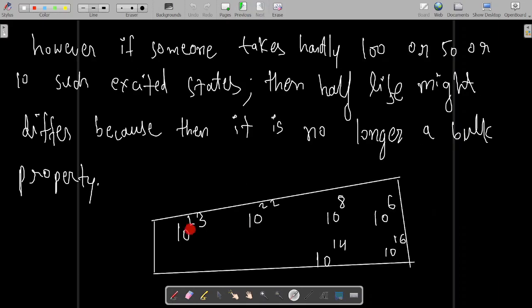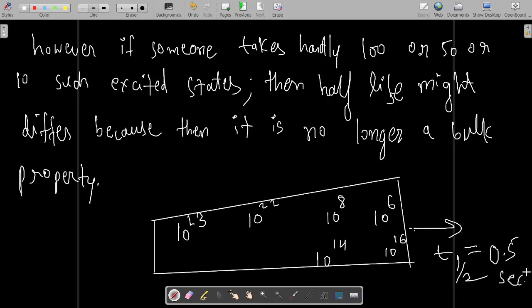But if we take such huge numbers, 10 to the power 23, 10 to the power 22, 10 to the power 8, 10 to the power 6, 10 to the power 14, 10 to the power 16, keeping other conditions as they are and only changing the number, then as all of them are very big numbers, the bulk property will come into existence, so all of them will have the half life as 0.5 second only.